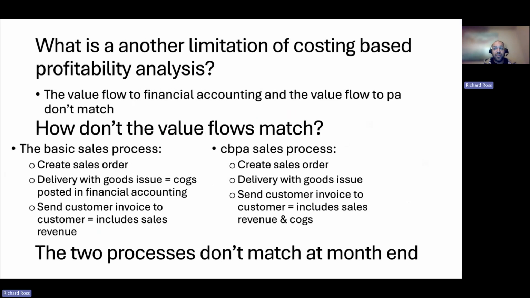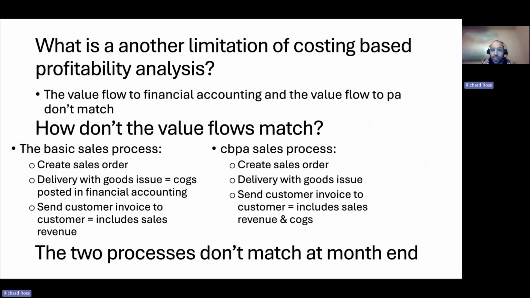What is another limitation of costing-based profitability analysis? The value flow to financial accounting and the value flow to profitability analysis don't match. How don't the value flows match? The basic sales process: create sales order, delivery with goods issue equals cost of goods sold, posted in financial accounting, send customer invoice to customer equals includes sales tax revenue.